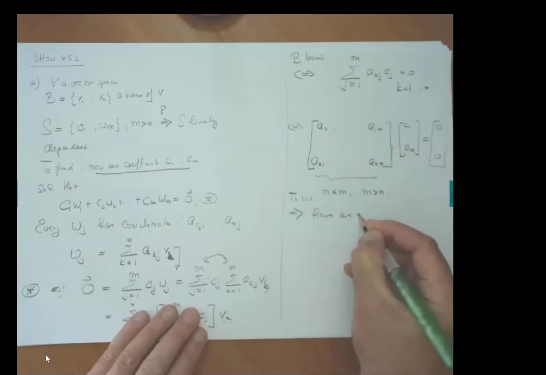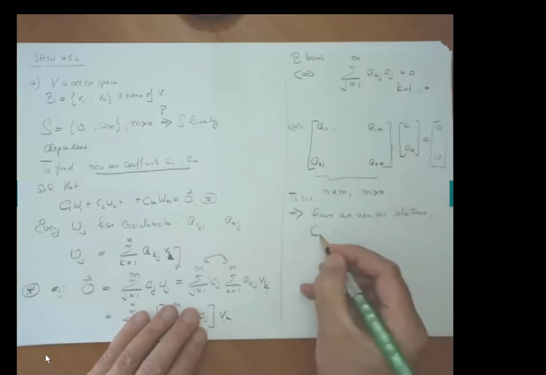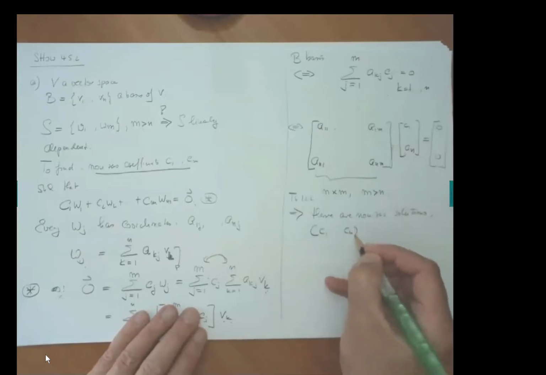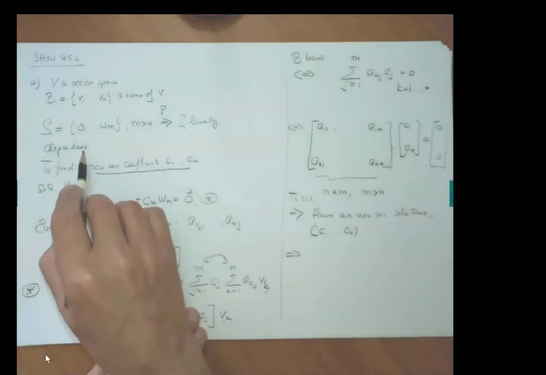There are non-zero solutions. Actually, there are infinitely many c1 to cm. And that implies that this is linearly independent.